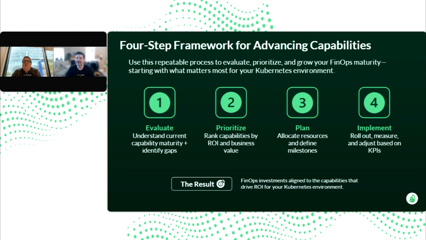At the evaluate phase, and I'll go into a little more detail later, can you allocate costs below the cluster level today? Is that something you can currently do? If we look at prioritize, which are the things that are going to give you the most bang for the buck? For example, if we added namespace allocation, would that increase the accountability for your teams?